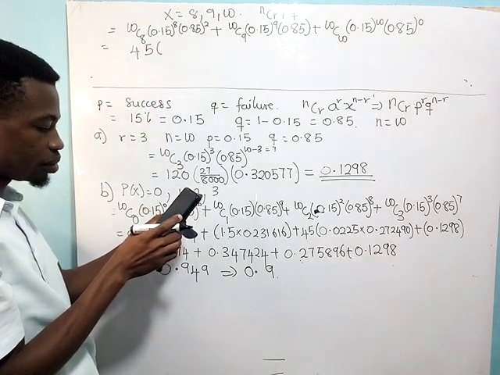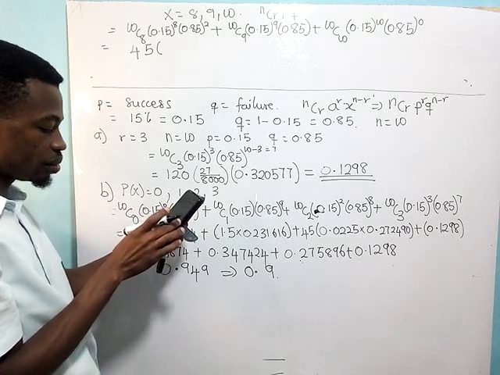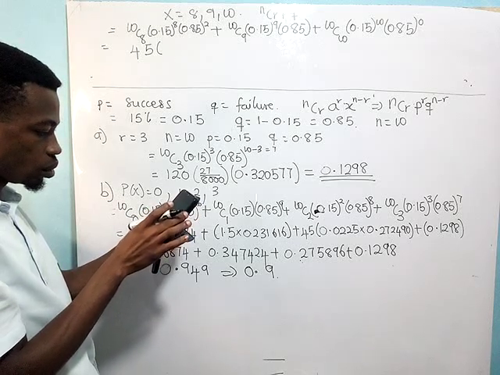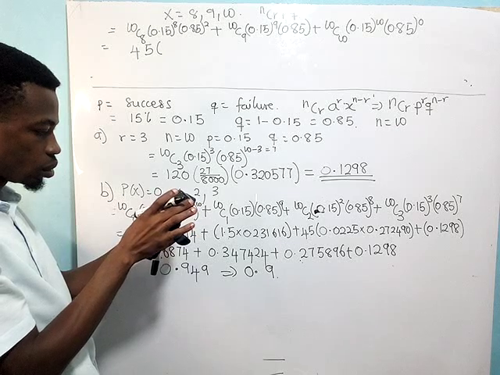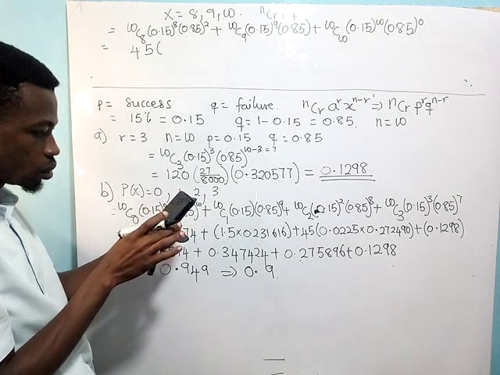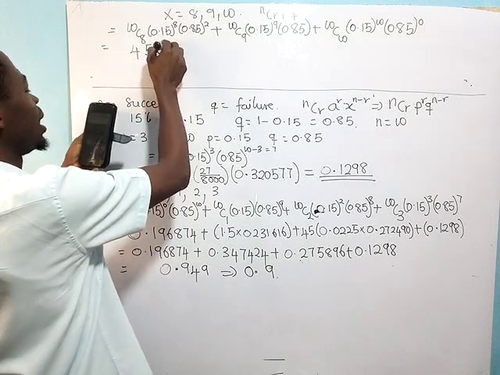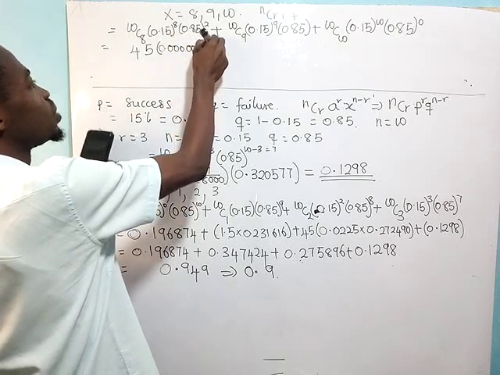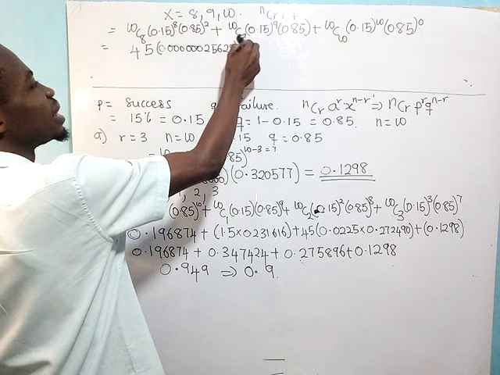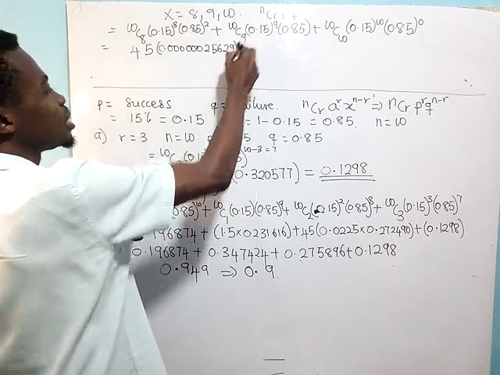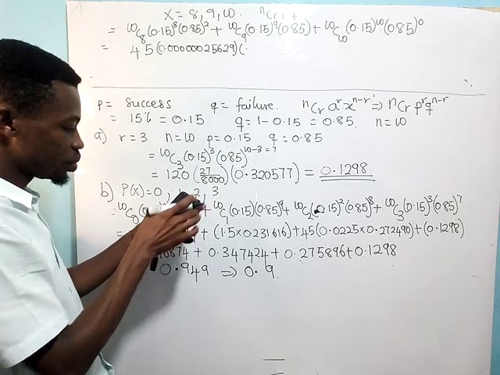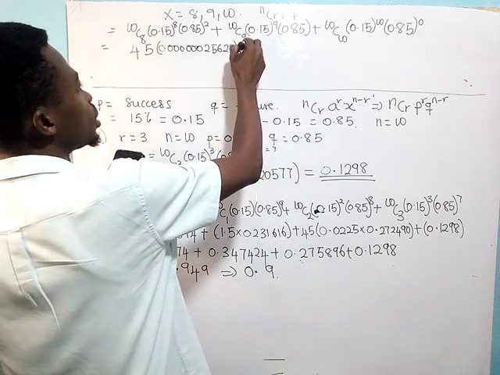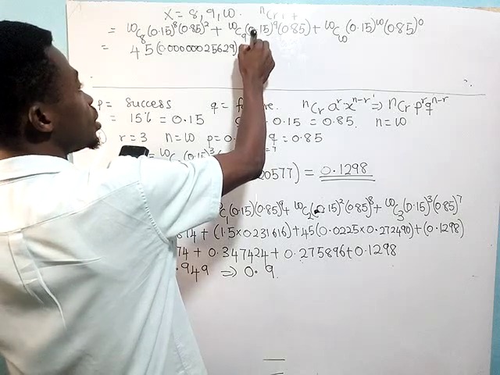0.15 to the power 8 gives us 0.000025629, multiplying 0.85 to the power 2, which is 0.7225.